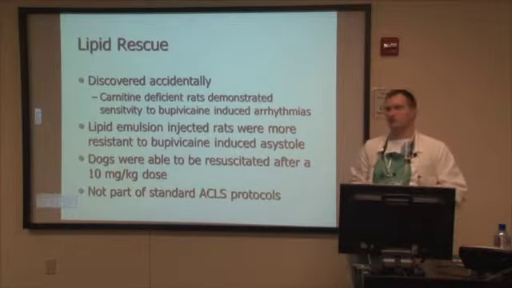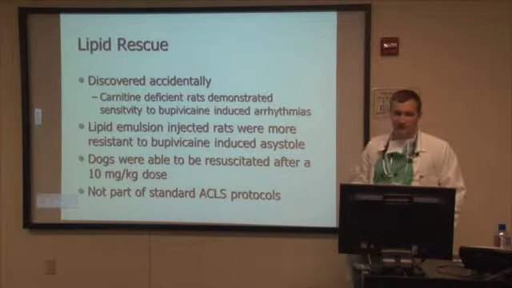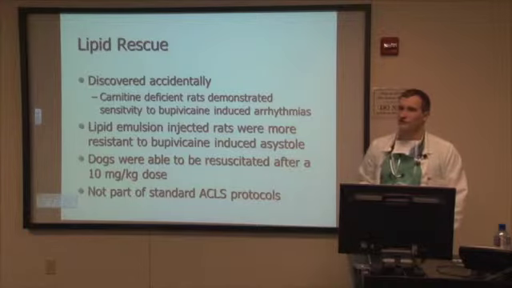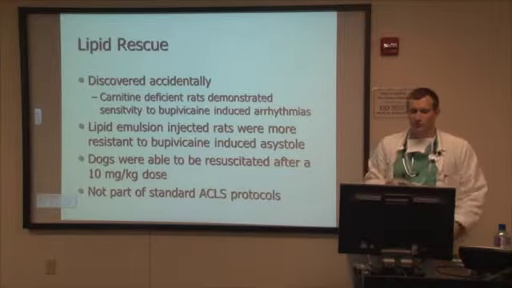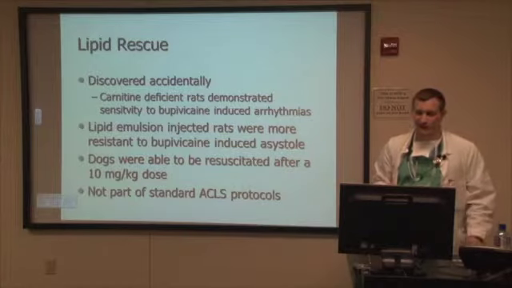And they were much more resistant to having asystole. And they were giving absolutely mammoth doses to some of these animals, 10 milligrams per kilogram. You know, that's absolutely deadly. And they were able to resuscitate and keep some of these animals from dying after they were giving these.